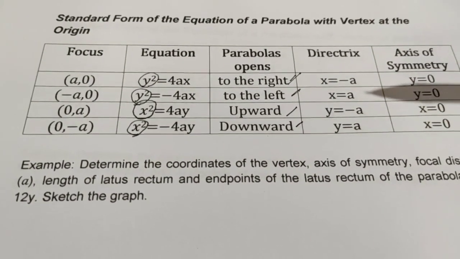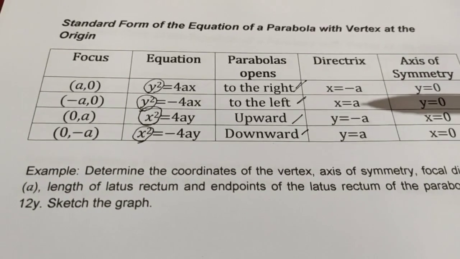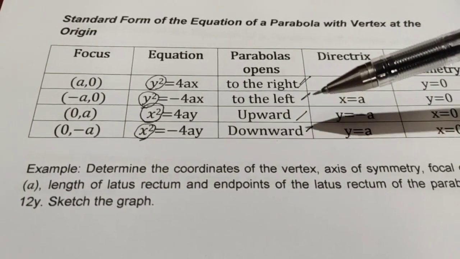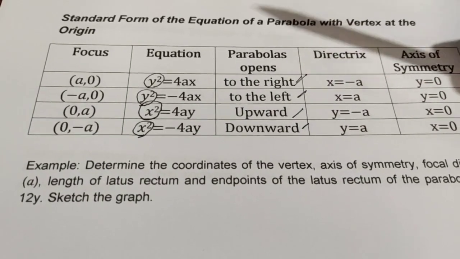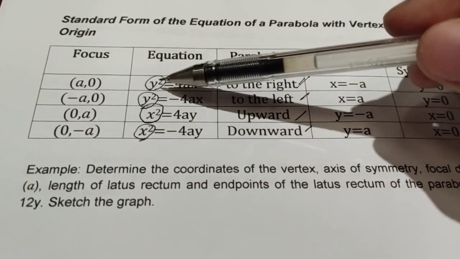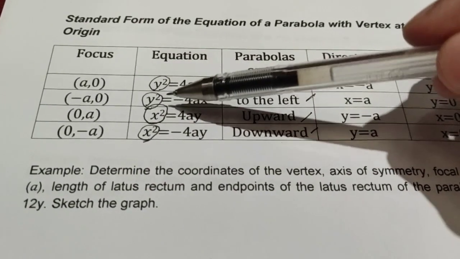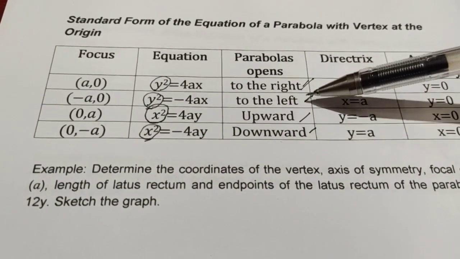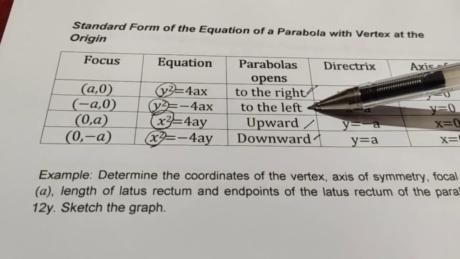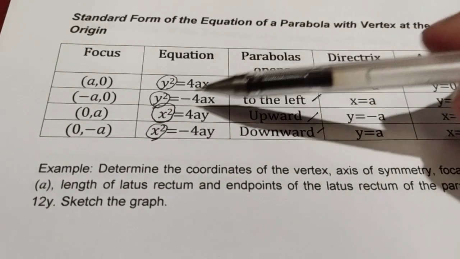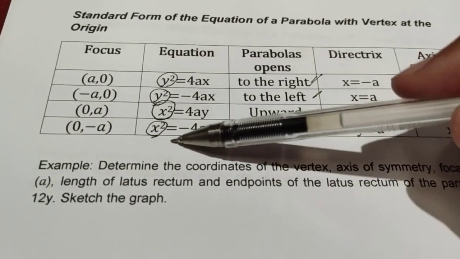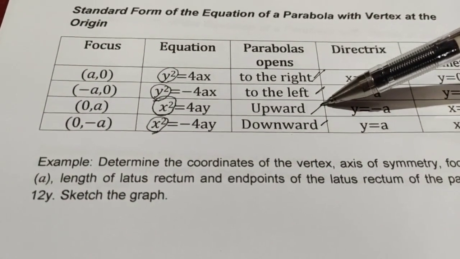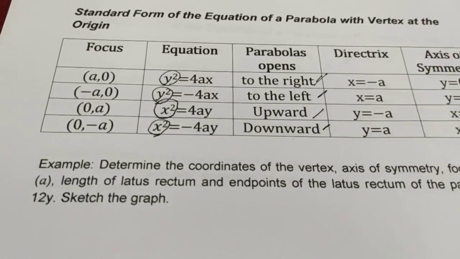How are we going to determine if the parabola opens to the right, to the left, upward, or downward? As you notice, if the y variable is being squared, then it either opens to the right or opens to the left. On the other hand, if the x variable is being squared, then it either opens upward or downward.